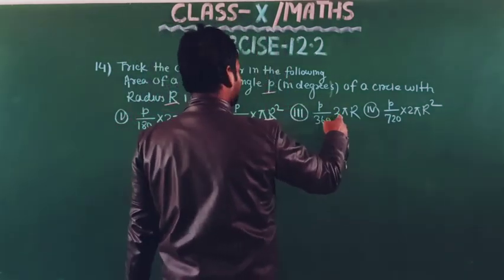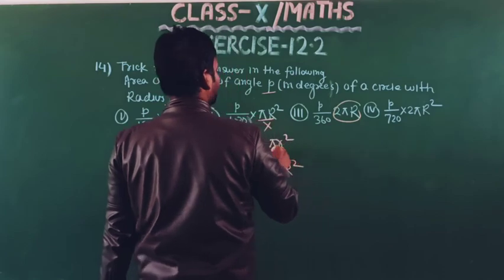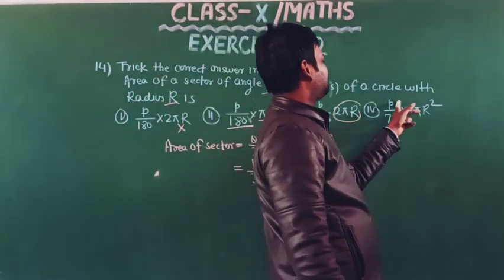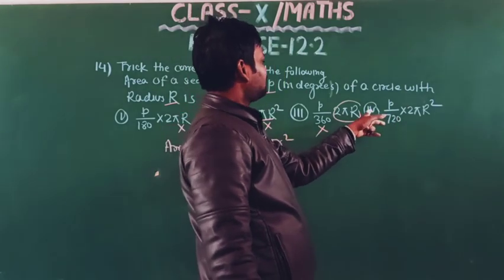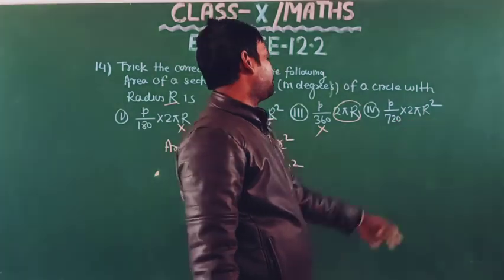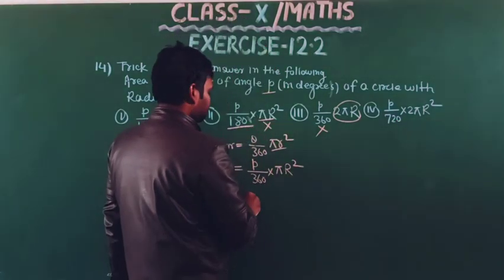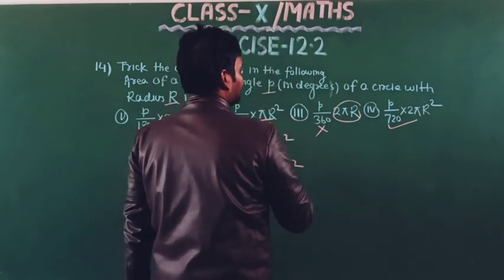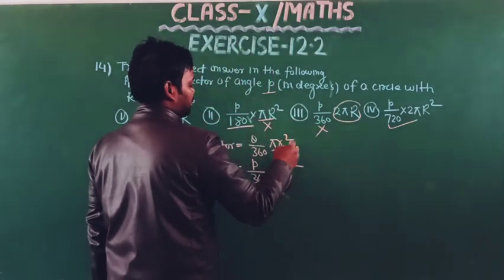Here is P and this is 2 pi r, pi r square and 360. Not correct. Here it has P upon 720 into 2 pi R square. So this is the correct option, because we have multiplied by 2 in the numerator and denominator.